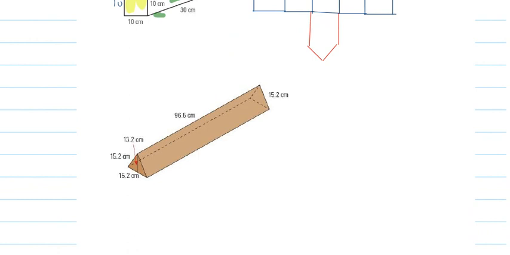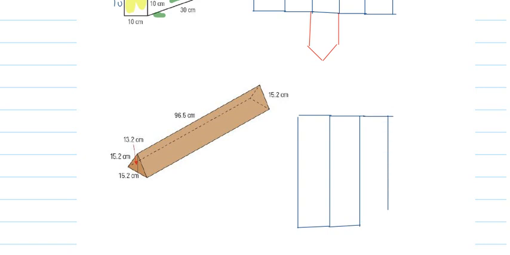So let's look at, if I'm gonna draw them. So I'm gonna have three rectangles. And then I'm gonna draw 2 triangles.